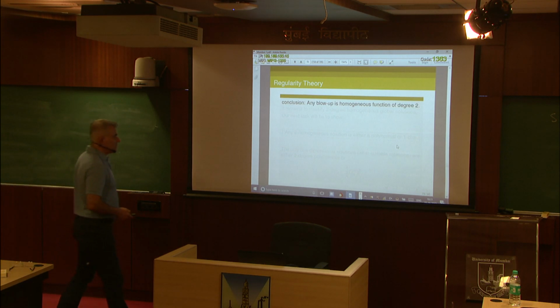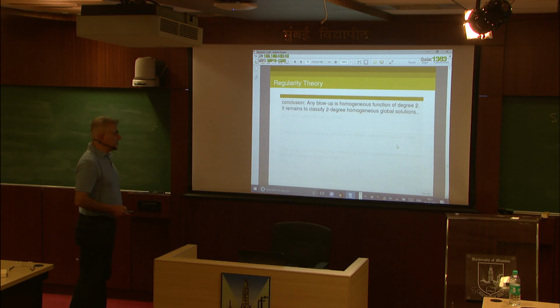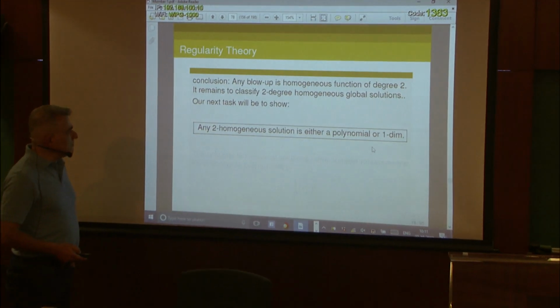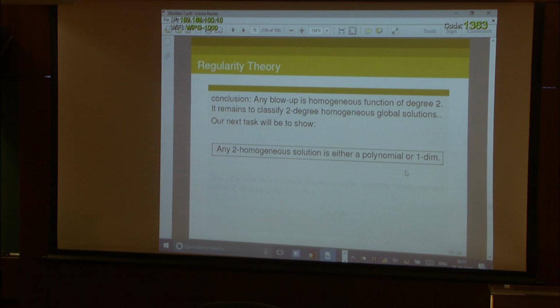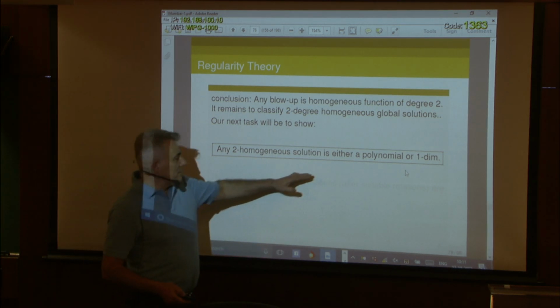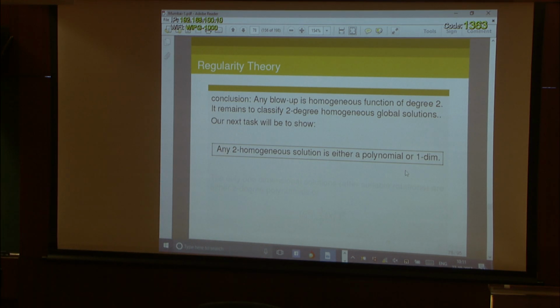So the next one was, so any blow up is a homogeneous function of degree 2, and our next claim is that I want to prove basically convexity from it, and then we'll actually get a polynomial, a one-dimensional function, or it's a polynomial.